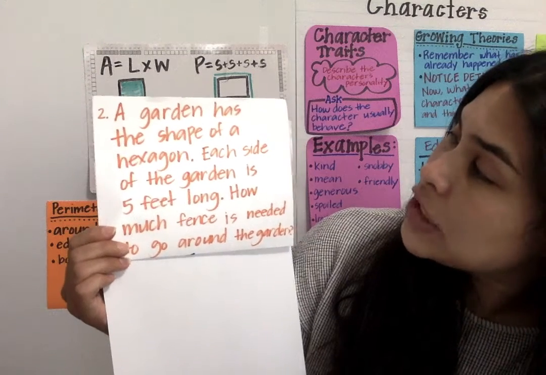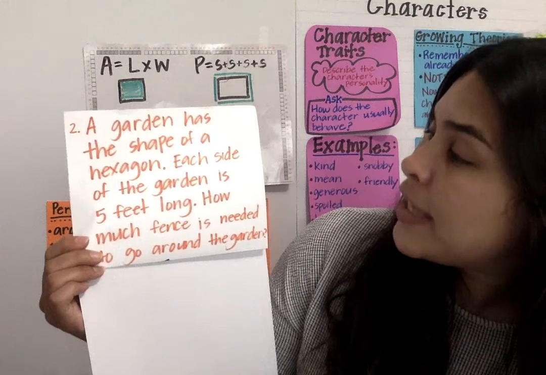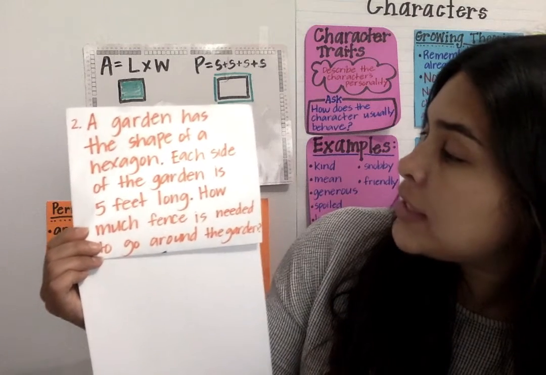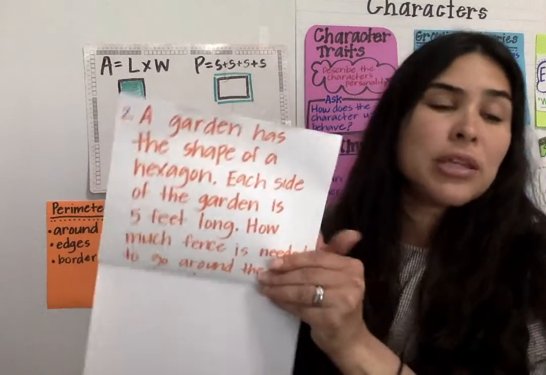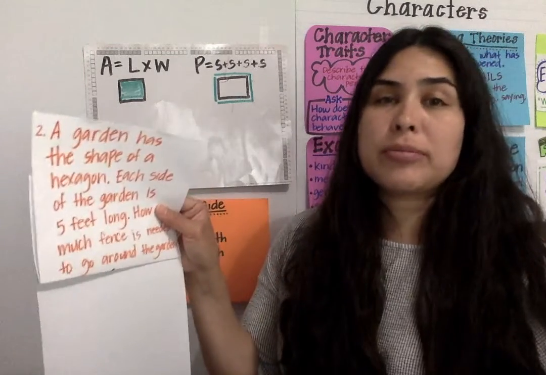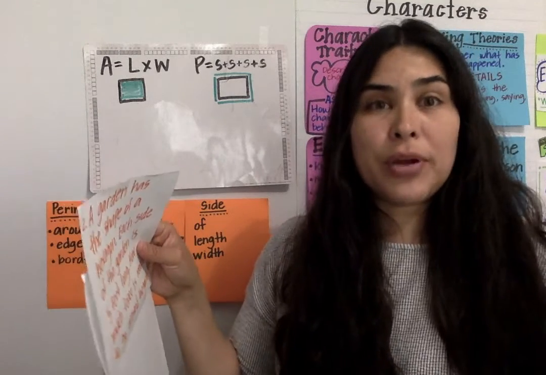A garden has the shape of a hexagon. Each side of the garden is 5 feet long. How much fence is needed to go around the garden? Okay, so something that I like to do when I read word problems is first read it more than one time.